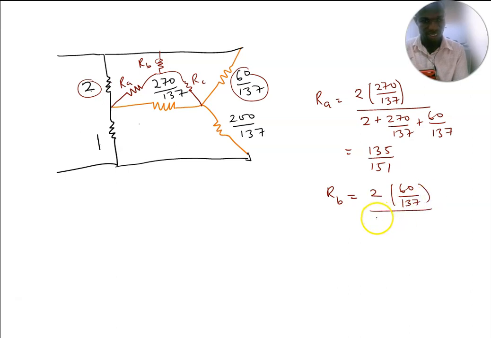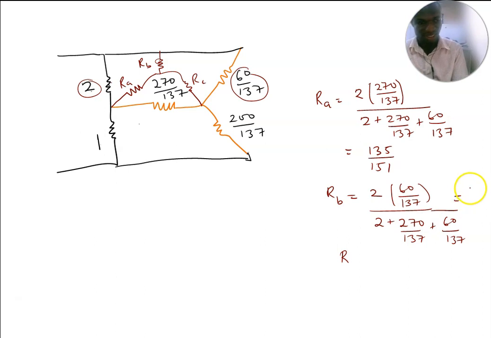The sum of the resistors, which are 2 plus 270 on 137 plus 60 on what? 137. Very good. So RB is simply going to be what? Let's compute and write it there. So it's going to be 2 times 60 on 137. And that will give us 30 on 151. Very good.